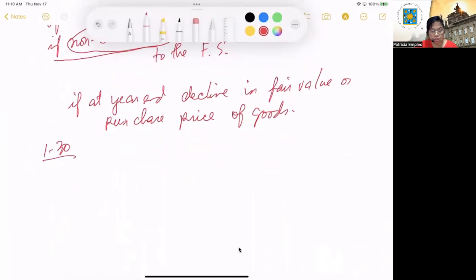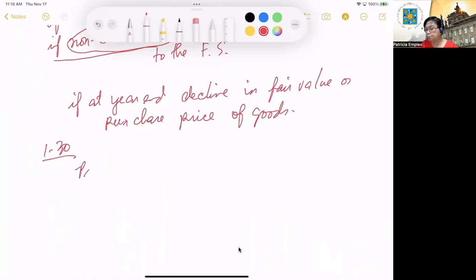During 2022, USFO company signed a non-cancelable contract. Please highlight in your book, it's a non-cancelable contract with Nueva Ecija Milling Company to purchase 1,000 sacks of rice at 1,200,000.